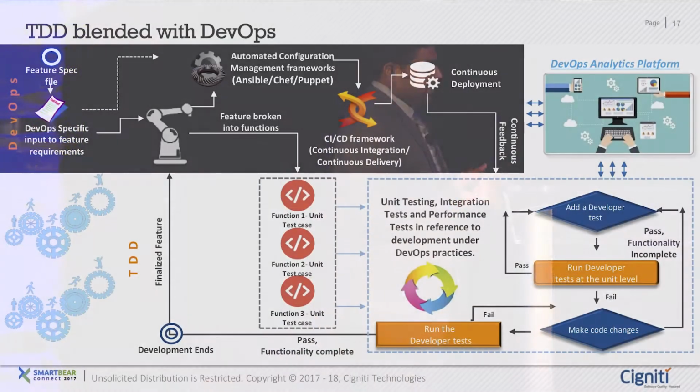So when we are speaking about the DevOps journey, we did speak about test-driven development and how each of those can be integrated or blended with the DevOps aspect of it. So primarily unit testing, functional testing, and integration testing are the 3 things which you would like to look at. So what are the different kinds of feature specifications which need to be inputted to the requirements, and how those features have to be broken into functions, and how that automated configuration needs to be applied, and how the whole CI/CD framework is being done.